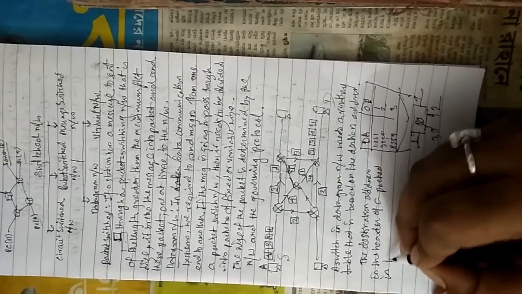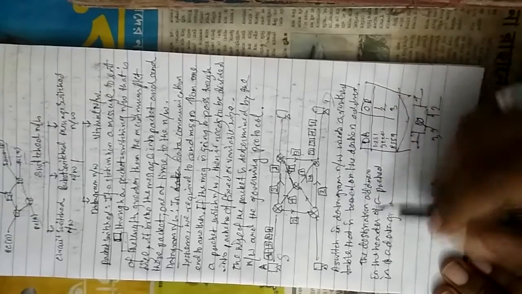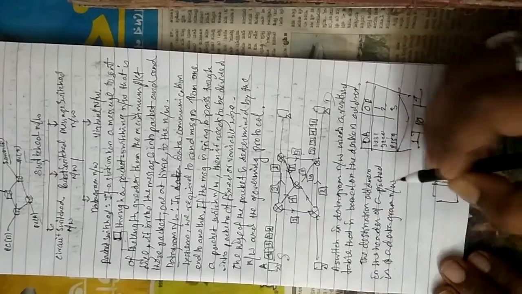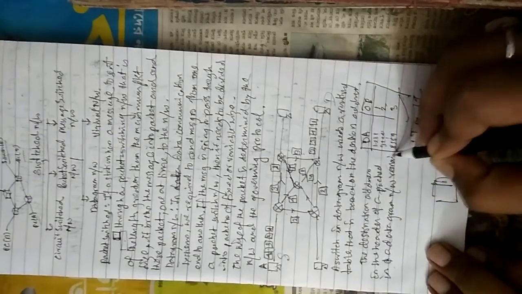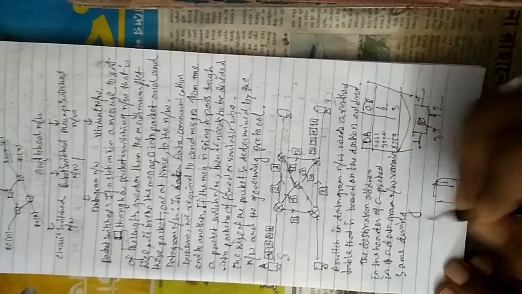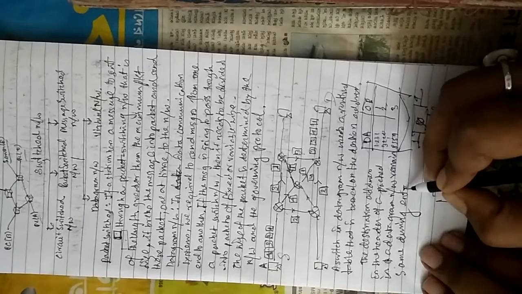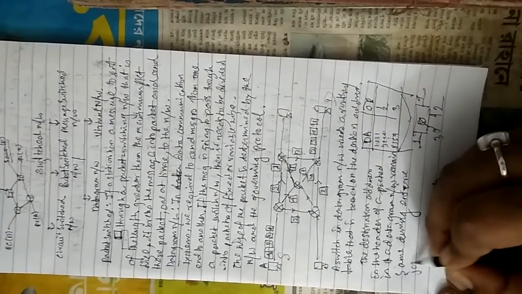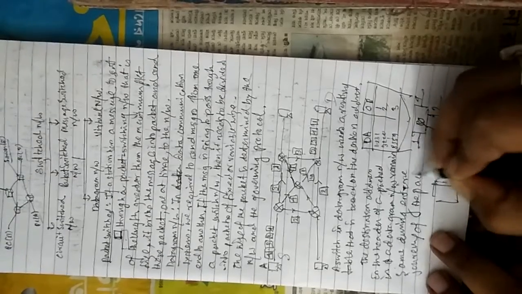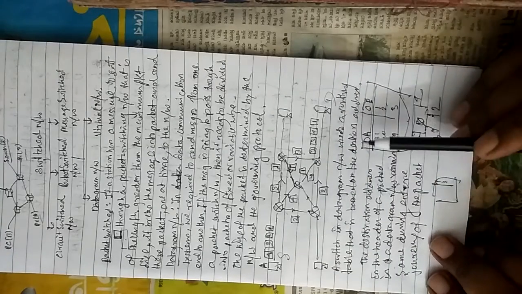In a datagram network, the destination address in the header of a packet always remains the same during the entire journey of the packet, that is from source to destination. The destination address in the header will always remain the same.